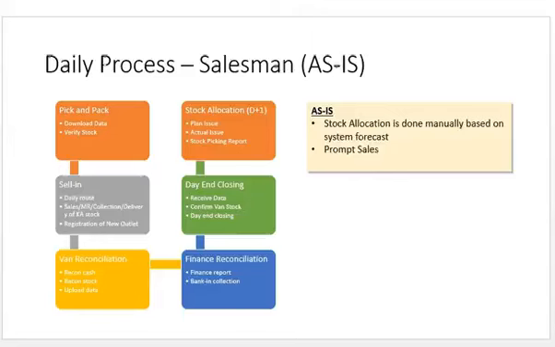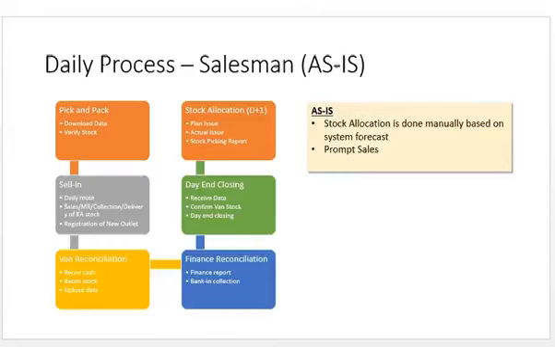So that's the pick and pack activity: they download the data and then verify the stock. If everything is okay, they load the stock into the van. But if there is any discrepancy, they approach the storekeeper to make the correction, and until that is corrected, they won't leave the building. So that is the pick and pack.